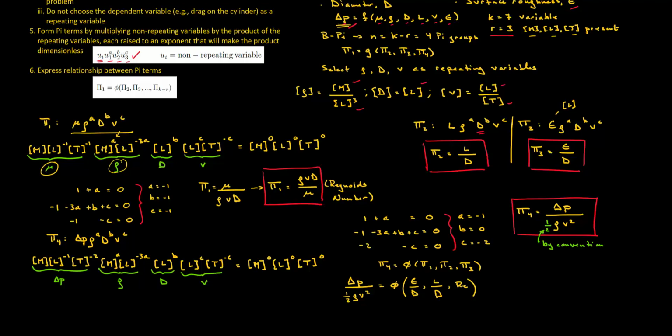So the pressure drop is dependent on the Reynolds number, it's dependent on the surface roughness, and dependent on the length, and we can non-dimensionalize all of these so that our results are as widely applicable.